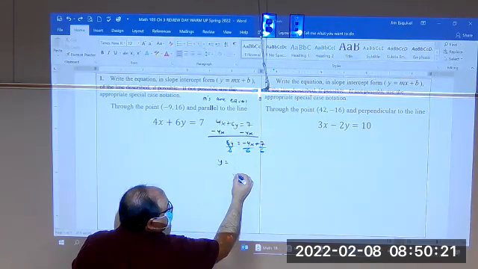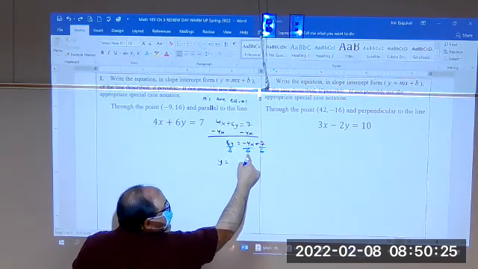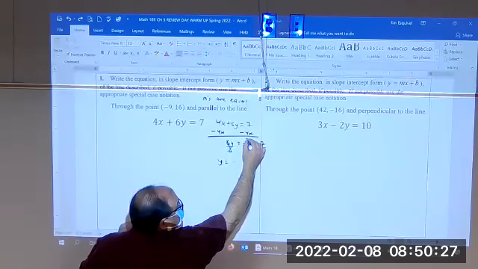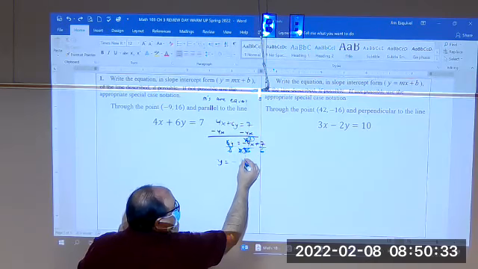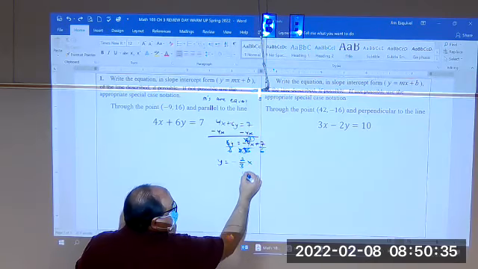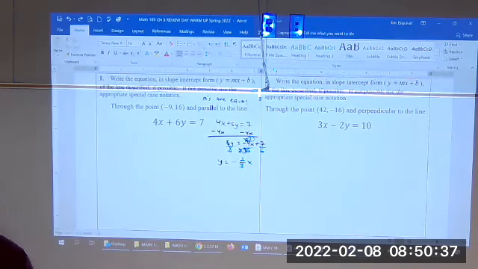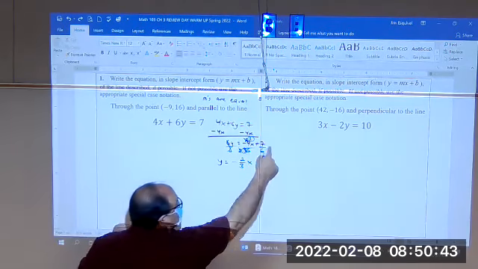So y is equal to a negative 4 over 6. 4 is 2 times 2, 6 is 2 times 3. The 2's reduce, you're left with 2 over 3x, 2/3 times x. 4 over 6 reduces to 2/3. Okay. And then plus 7 over 6.